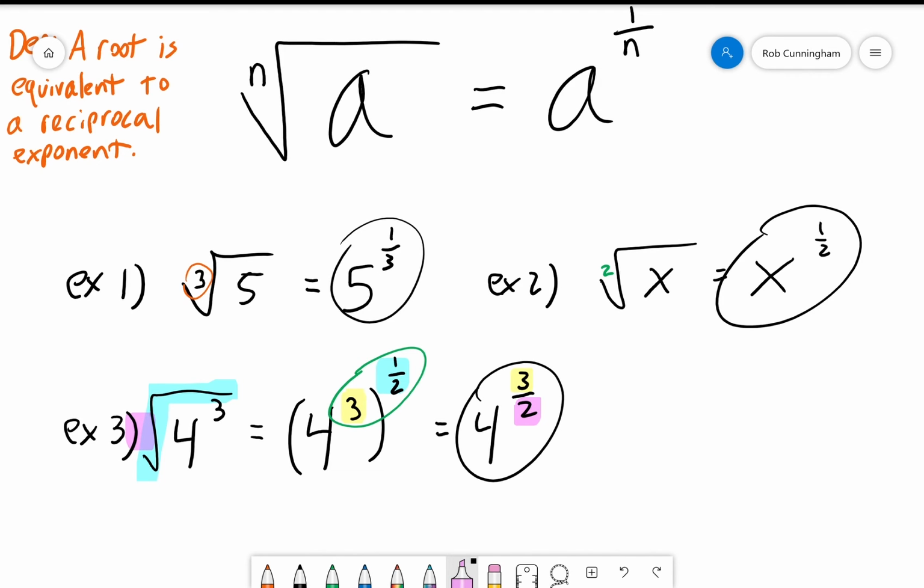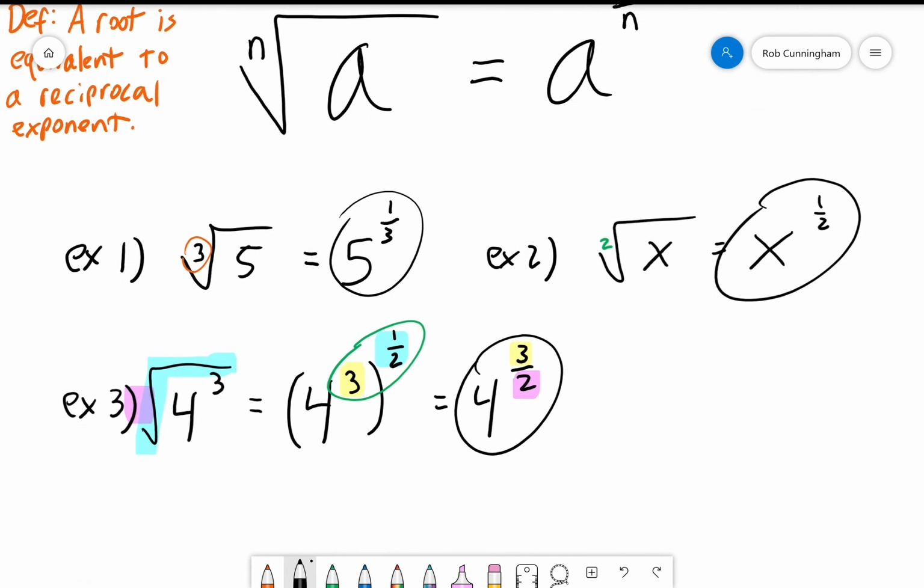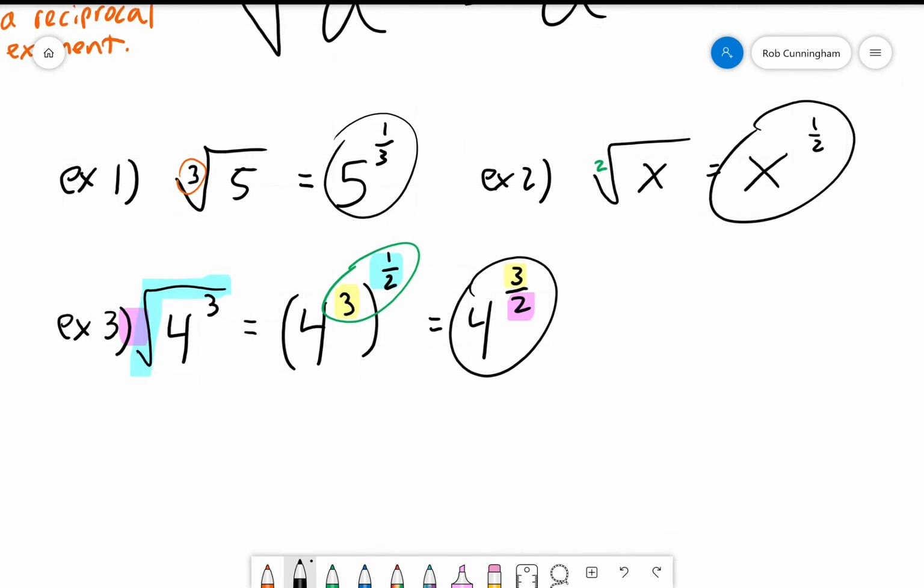We're going to do one more example like that, but I think we can update our definition pretty quick here. Example 4. Let's say we've got the cube root of n to the 6th. Well, again, that would be n to the 6th to the 1/3 power, right? The cube root is the same thing as 1/3 power.